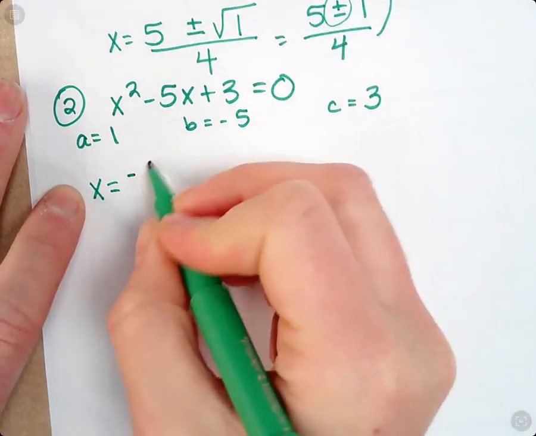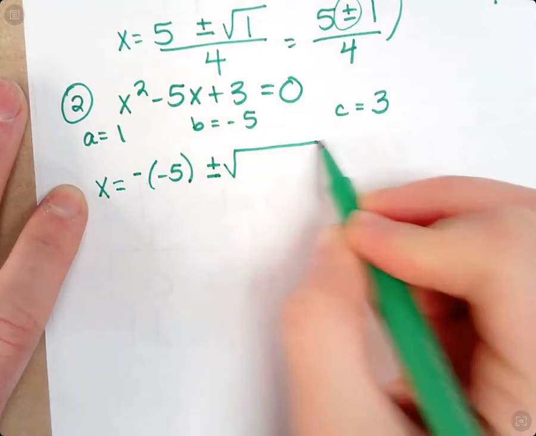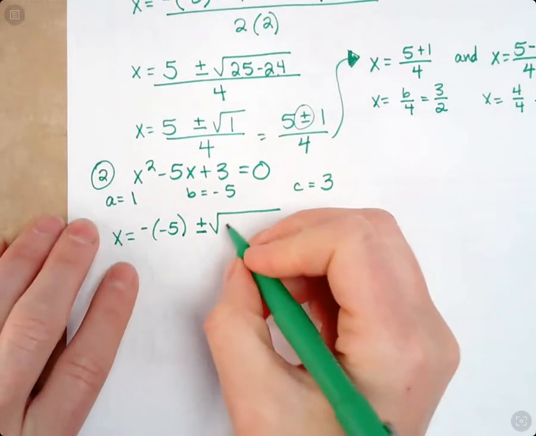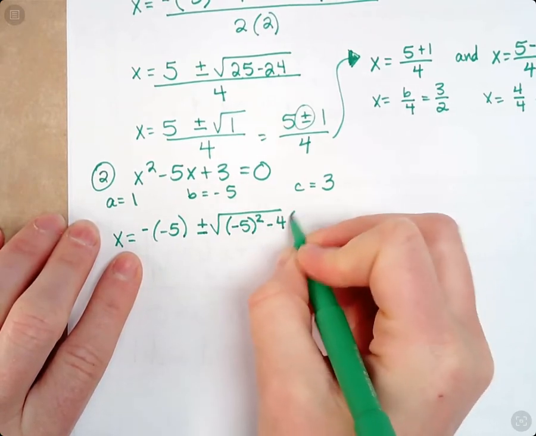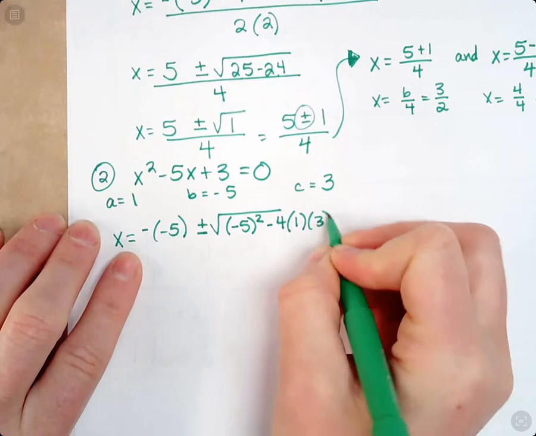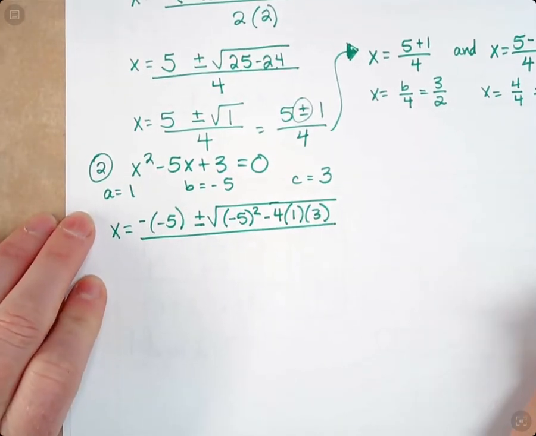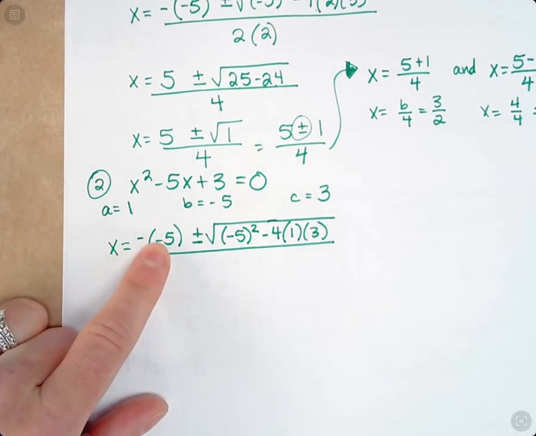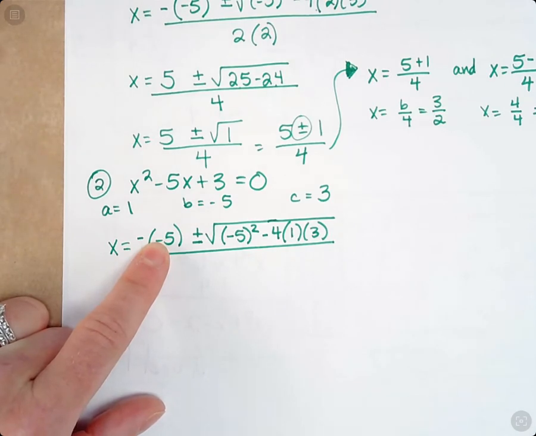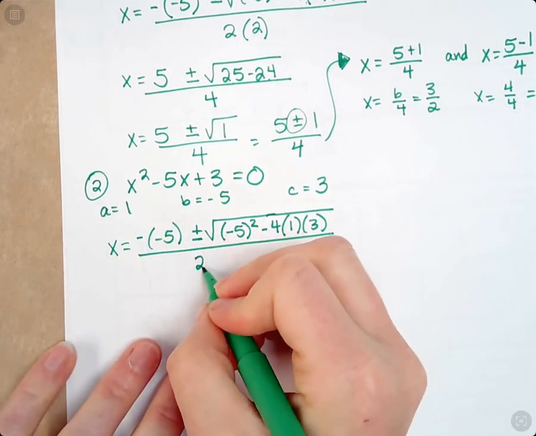So it's going to be -5 plus or minus the square root of B squared, so keep it in parentheses, minus 4AC. -B plus or minus the square root of B squared minus 4AC all over 2A.